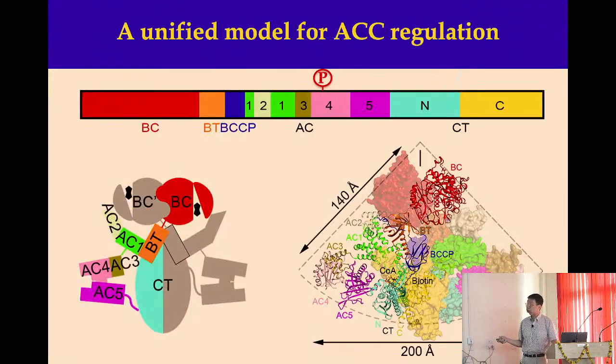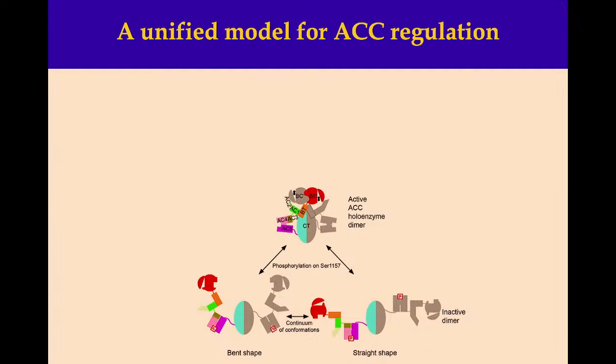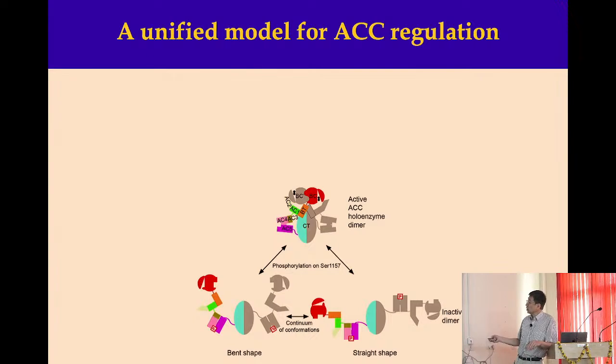So finally, this is the model. To show you the model, first we schematize the structure into the CT dimer, the central region, and the BC dimer. Okay, so this is how it's schematized. So this is the whole enzyme. It's active. And then if you phosphorylate serine 1157, there's a large conformational change in the central region.